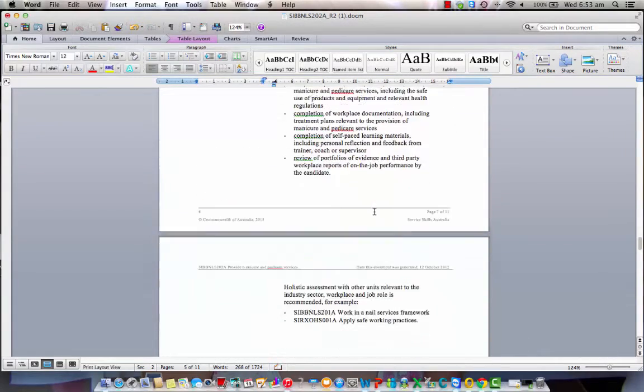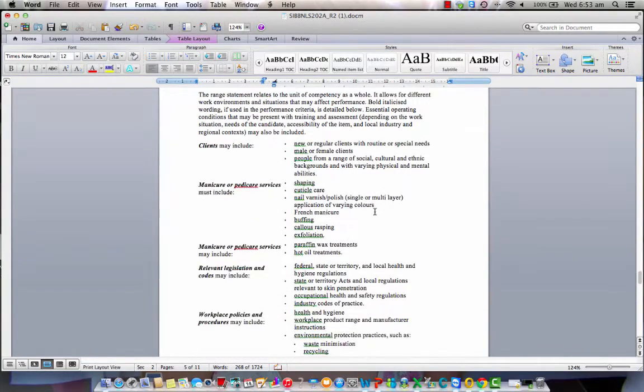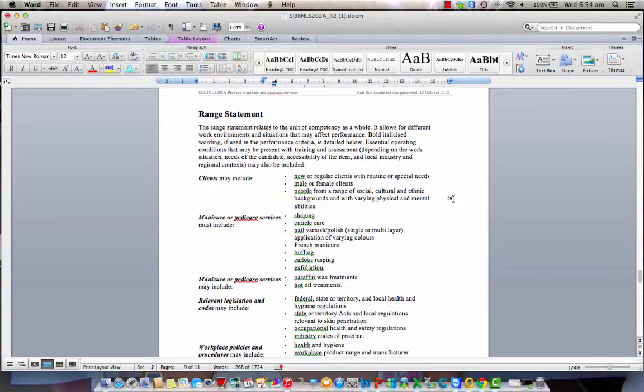Now we're going to look at the range statements. Now remember, we said that some of the performance criteria were in bold. Well, here they are in the range statements with more information. Now, range statements are usually divided into two types.